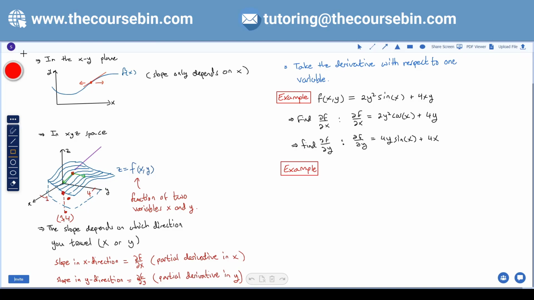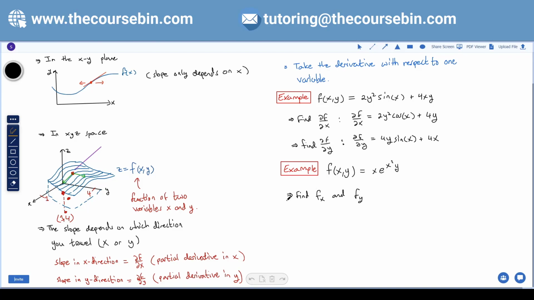Okay, so let's take a look at this one. We have f of xy is equal to x times e to the power of x squared y. And we want to find fx and fy.